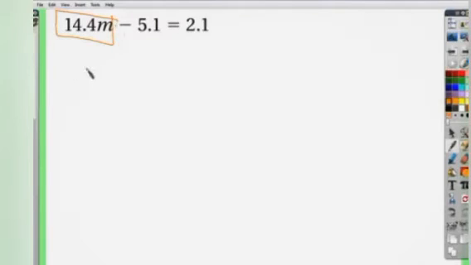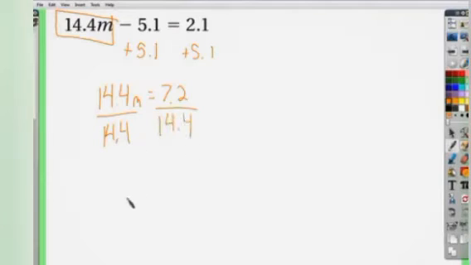Plus 5.1 on both sides. And it equals 0.5. Good job, Jenna.